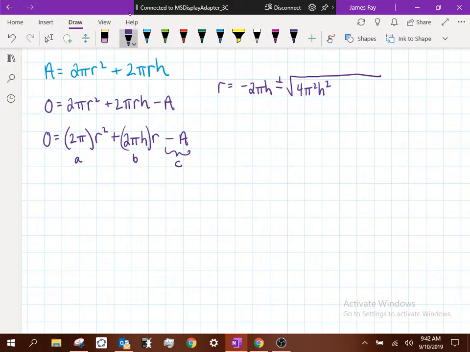But remember, when we square a product, we square every single factor. It's going to be minus 4ac, and we'll put that all over 2a, which ends up being 4 pi.